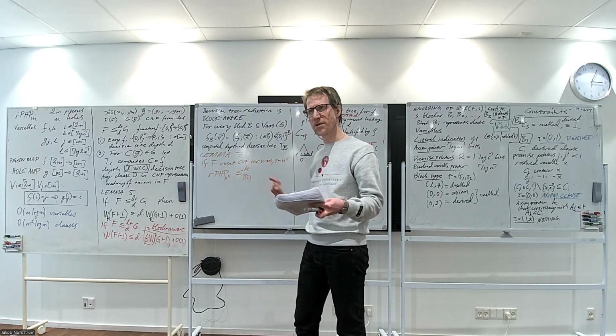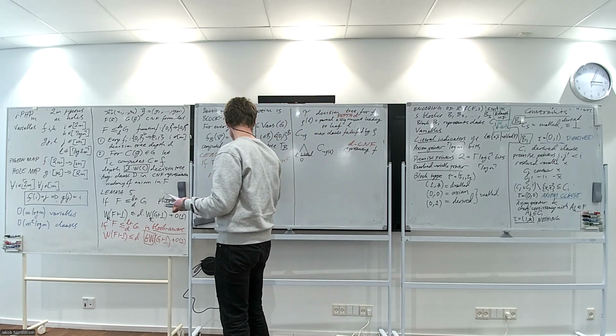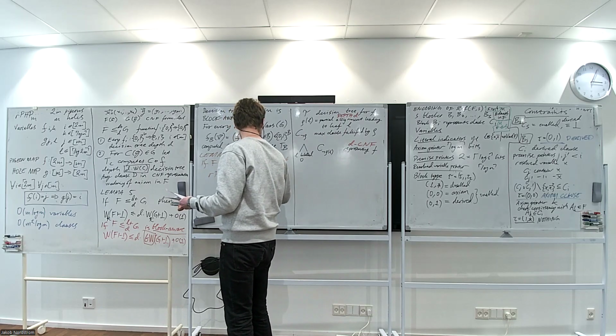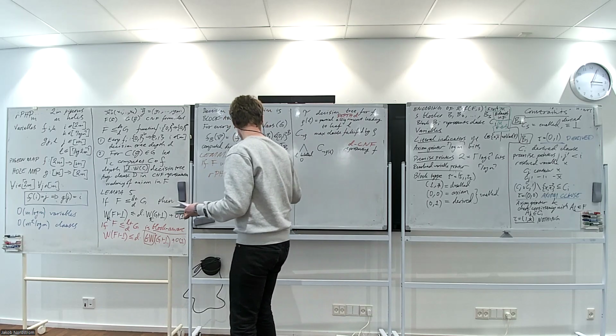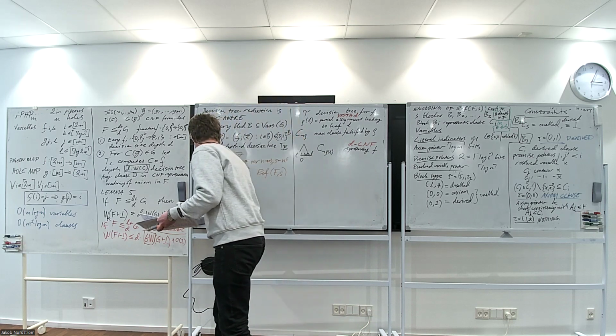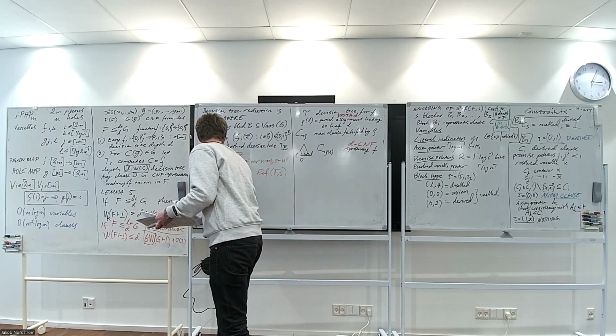I think this is n log n, but we can figure this out. It reduces to refuting F via a block aware reduction.